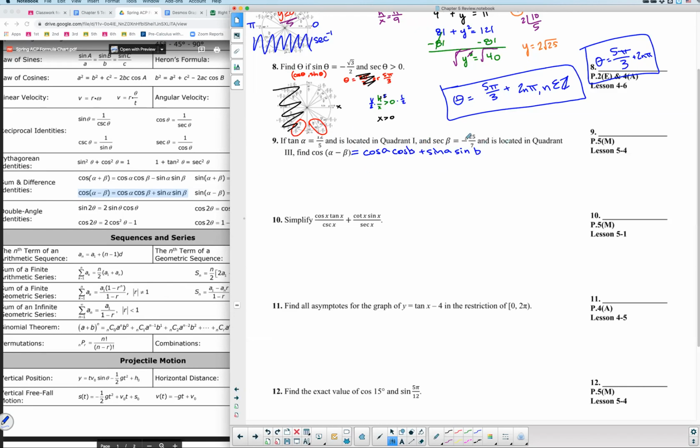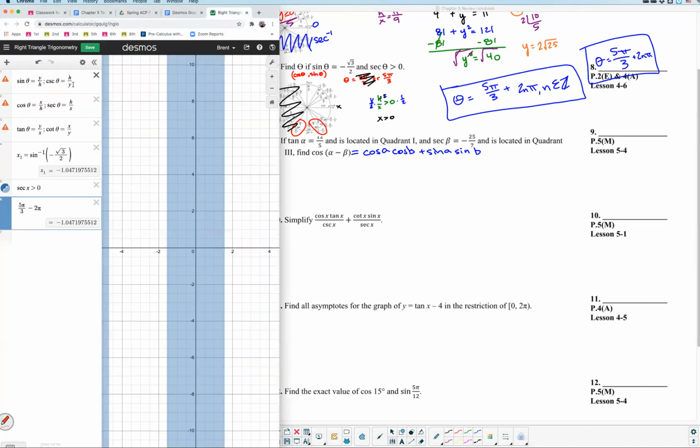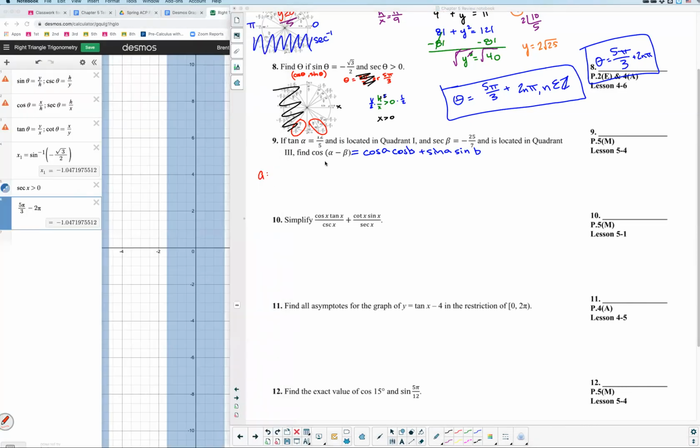Now, what does all this have to do with anything? Well, this is telling me about my values. For the alpha condition, tangent is y over x, so my y over x is 12/5. We could do Pythagorean Theorem and learn that 5 squared plus 12 squared is going to equal my hypotenuse squared.